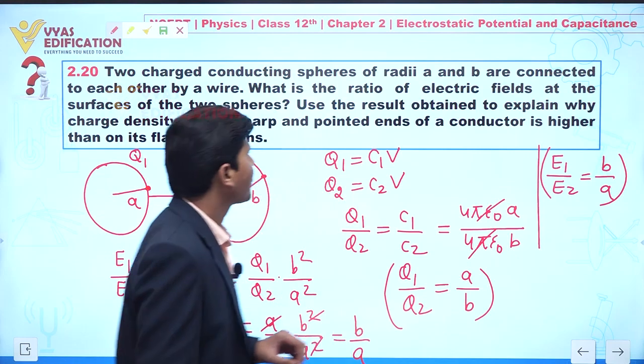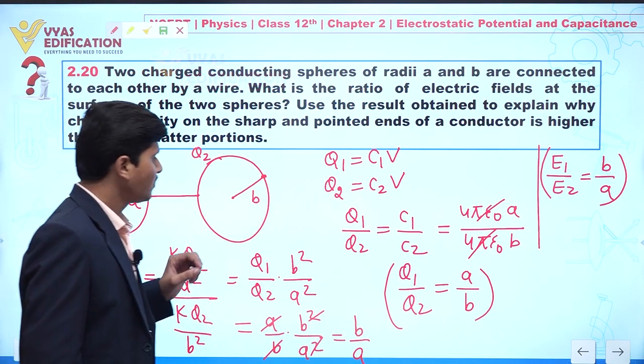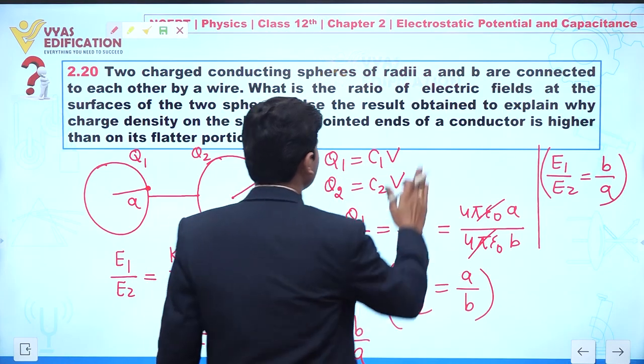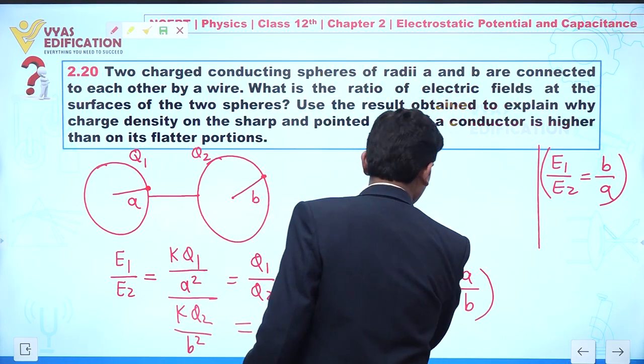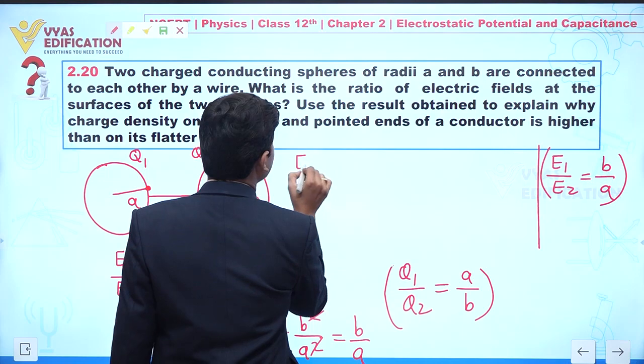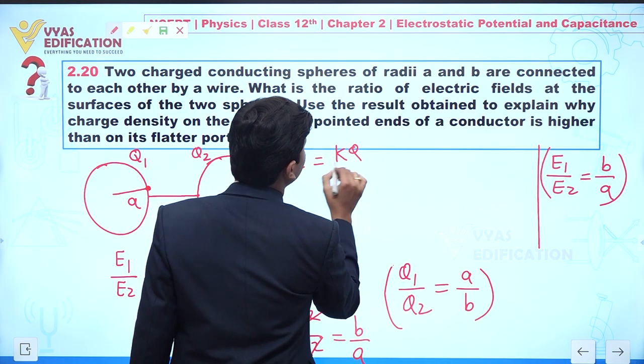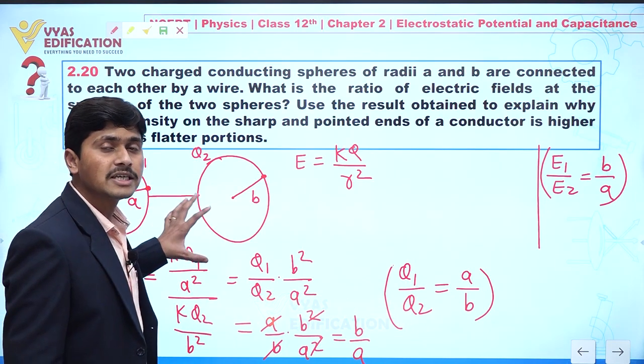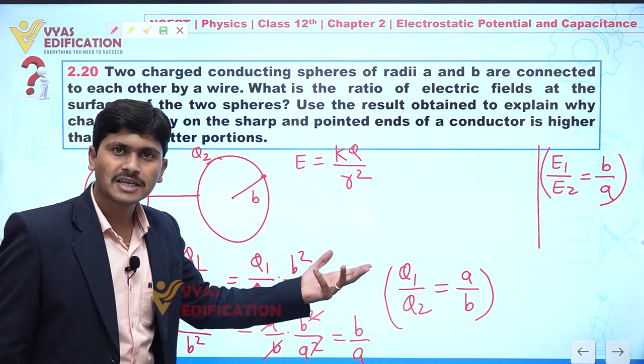Okay. Now can we find the value of E1 by E2 in terms of density? Yes. How? Listen carefully. We know E is written like this, KQ by R square. Now we can write the value of charge in terms of surface charge density.